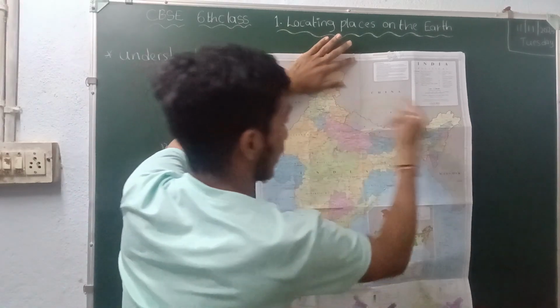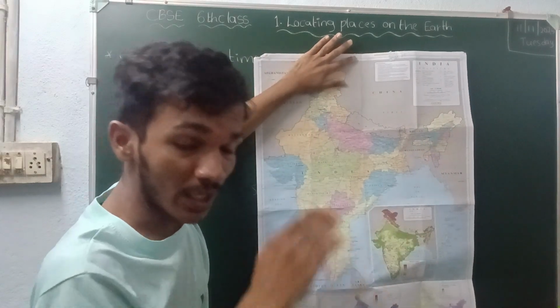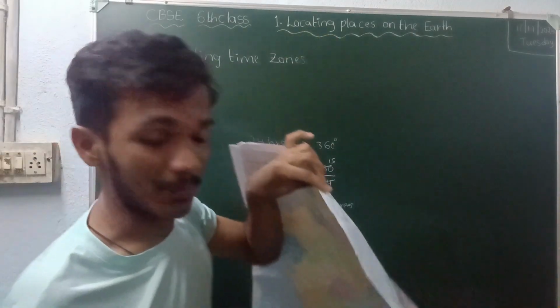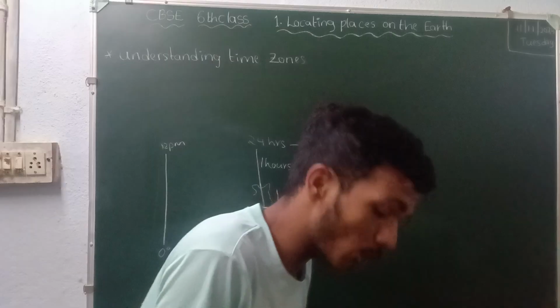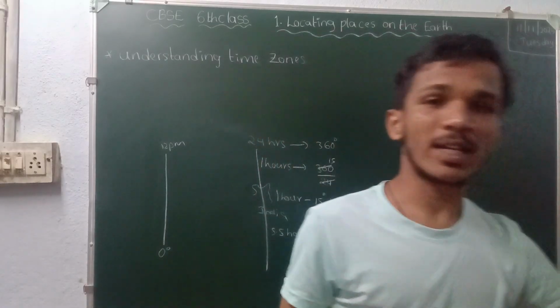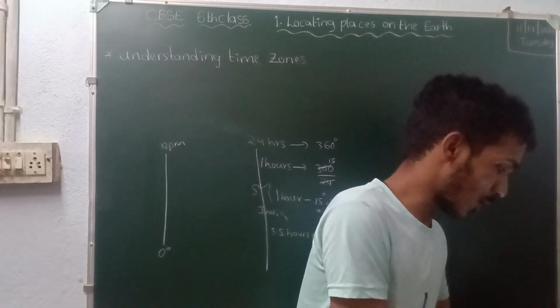Here it is one time, there will be another time. So in only one country, if you have two times, it will be a problem. So this timing is called local time. If the whole country follows one time, it is called standard time. Okay. If you have any doubts, comment me.